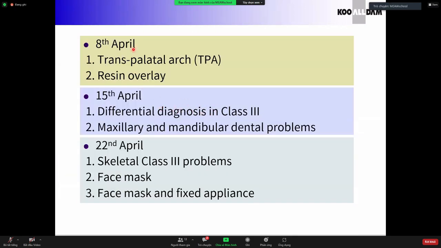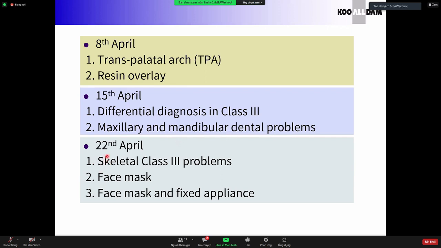And next week, we'll discuss the transpalatal arch and resin overlay. And on the 5th of April, we will discuss differential diagnosis in class 3 malocclusion, and also maxillary and mandibular dental problems.